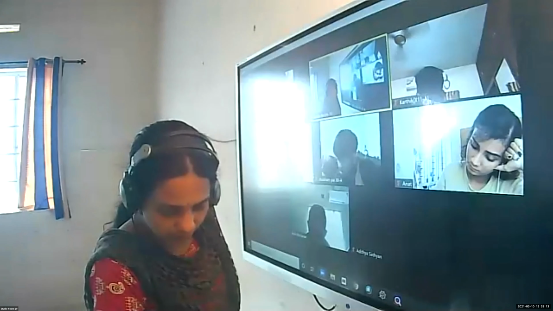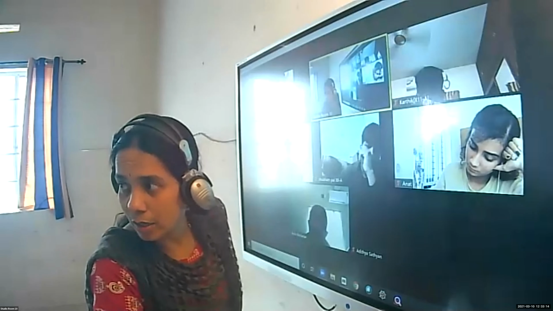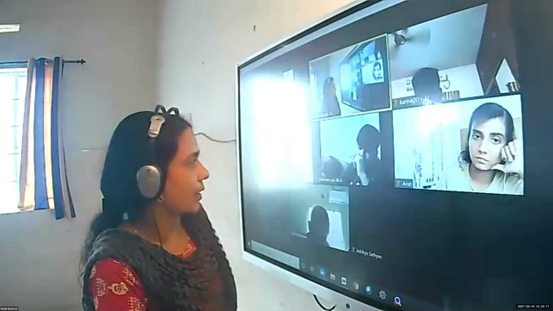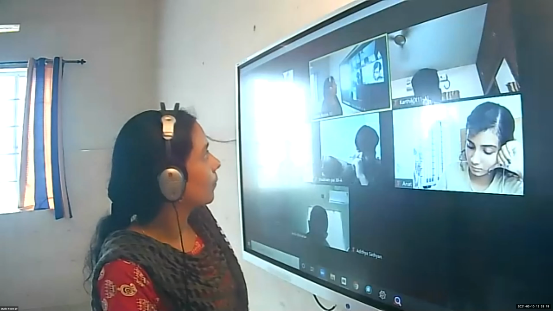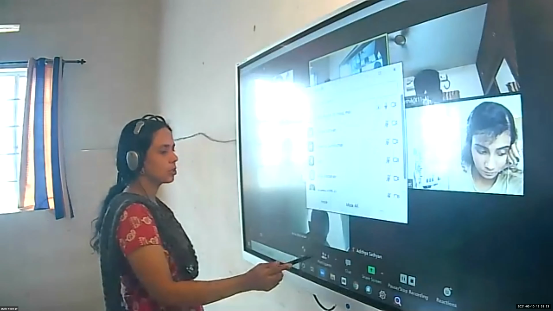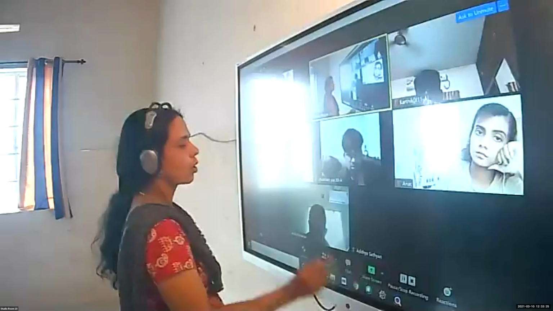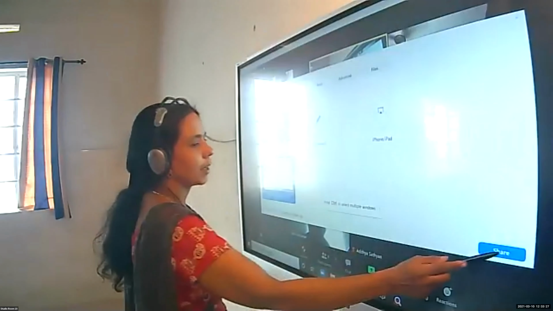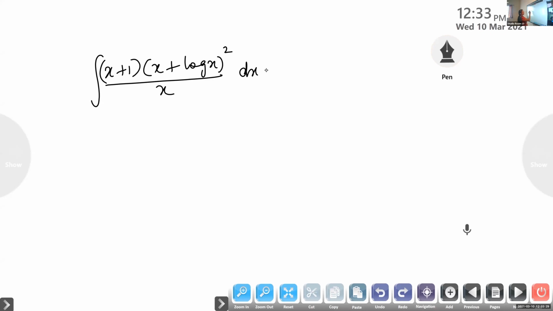Look at what is given there. (x plus log x) the whole square is there. So I'm going to substitute x plus log x as t.